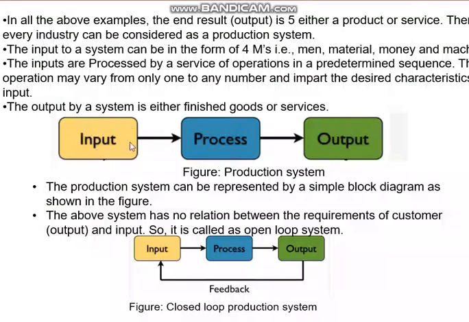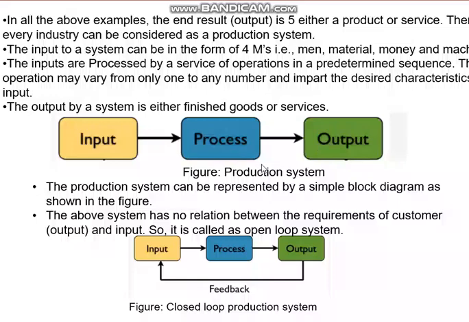Like vegetables, gas, oil and other things, these are the inputs for this system. The cooking part is the process, and finally what you got, the curry, is the output.